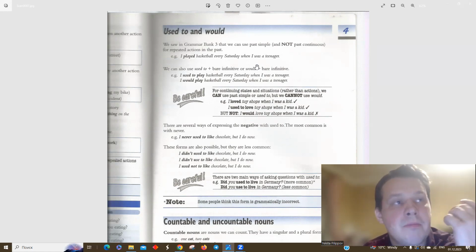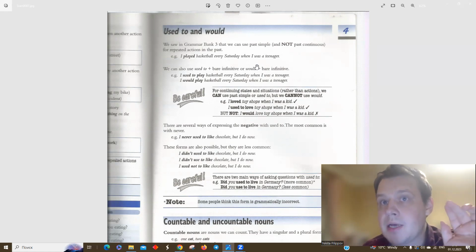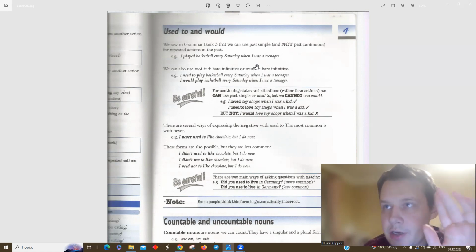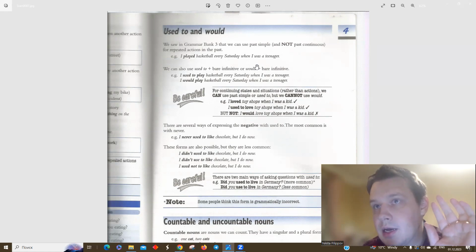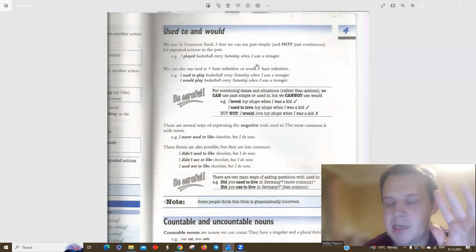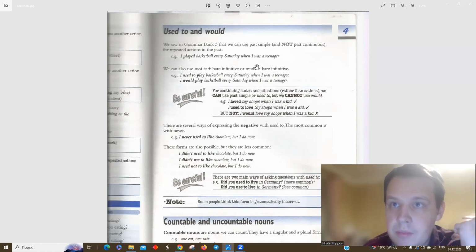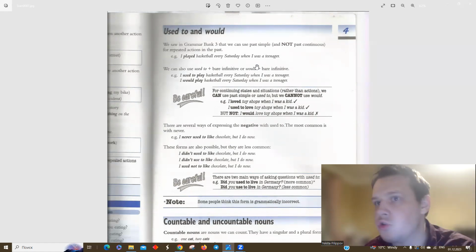So we had some habit in the past, and now we most likely do not have this habit anymore. It's some regular activity in our past that became our habit, some regular things that we did, but now we are not doing it anymore today.